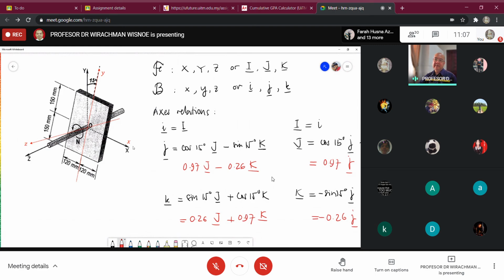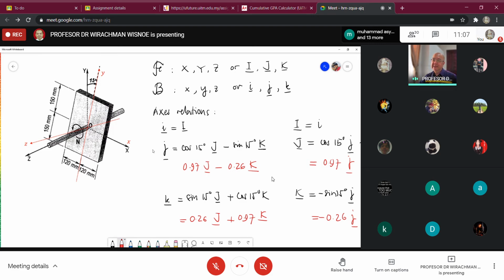Capital X with the small x is the same. It means small i is the same as capital I. The small j, following the small y, is cosine of the capital Y minus sine of the capital Z. So I have this one.